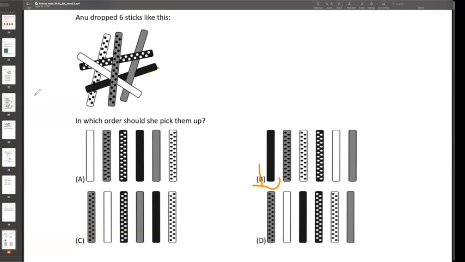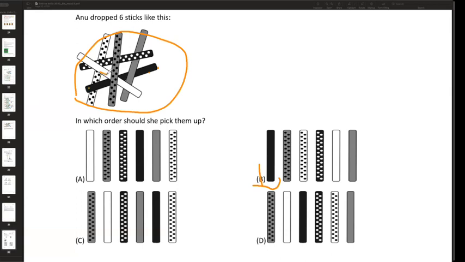But if you see in the order, the black stick is being covered by multiple sticks, and that goes against the rule. According to the rule, only the stick on the top can be picked up. So that's why B is wrong. The correct answer is C.